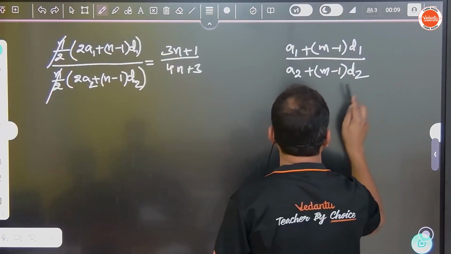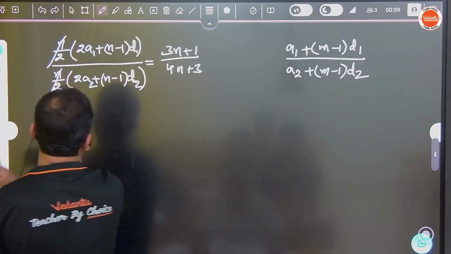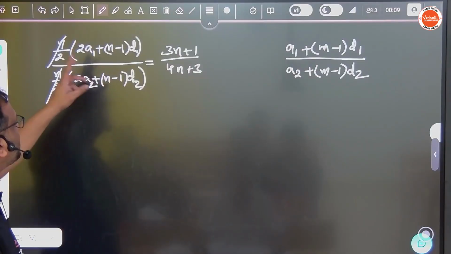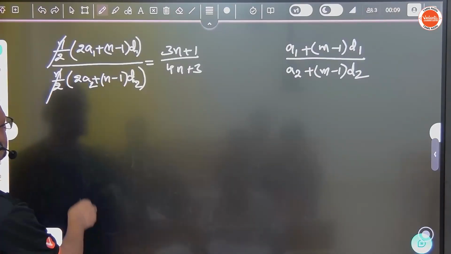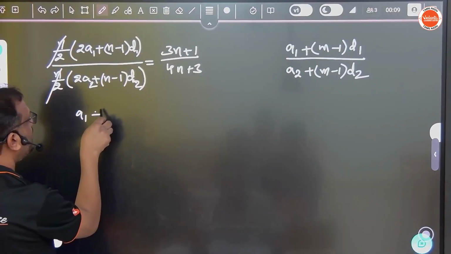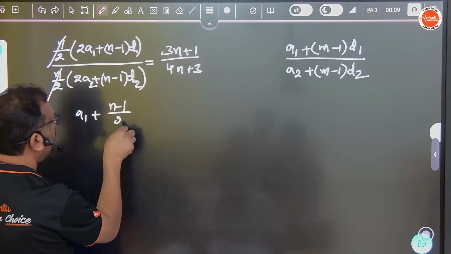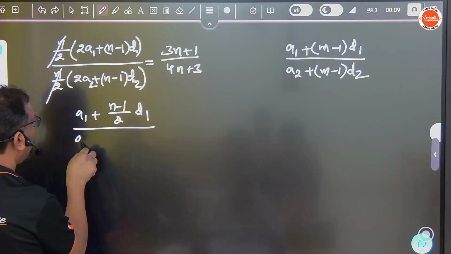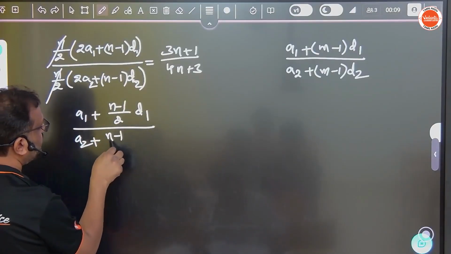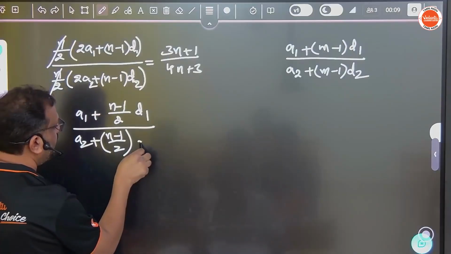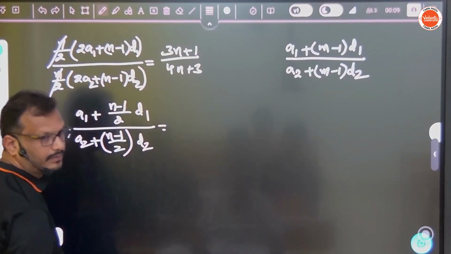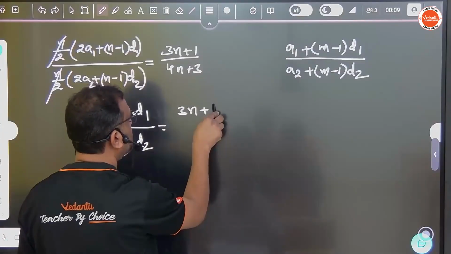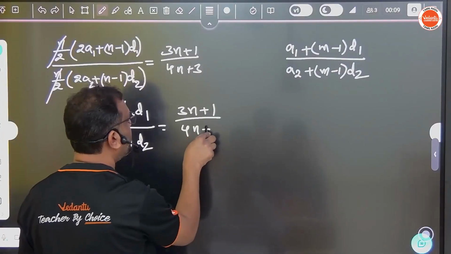Now eliminate the 2: take the A1 coefficient 2 and the A2 coefficient 2, and remove that. So A1 plus n minus 1 by 2 into D1, by A2 plus n minus 1 by 2 into D2, is equal to what? It's the same: 3n plus 1 by 4n plus 3.